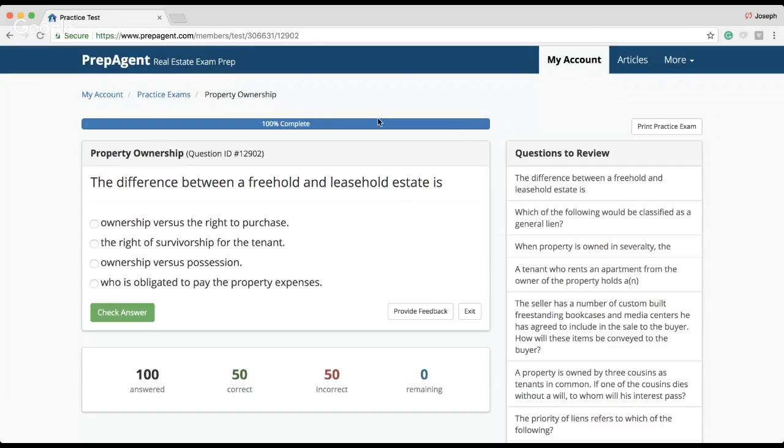The difference between a freehold and a leasehold estate is A, ownership versus the right to purchase, B, the right of survivorship for the tenant, C, ownership versus possession, or D, who is obligated to pay the property expenses.